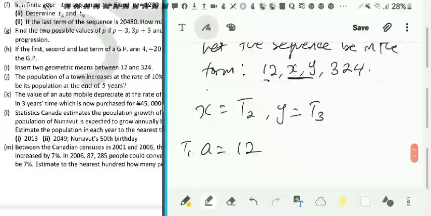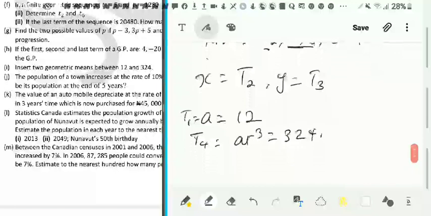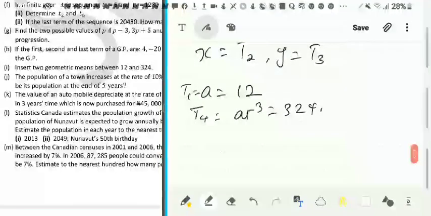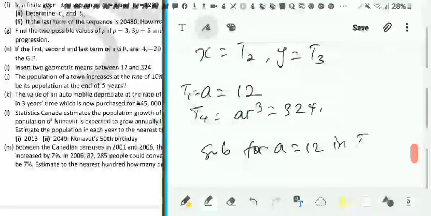Okay, so A equals what? 12. T1, A, 12, and T4, that's AR cubed equals what? 324. Let's get R. What is R? So substitute in T4.